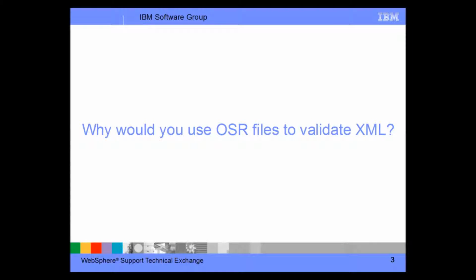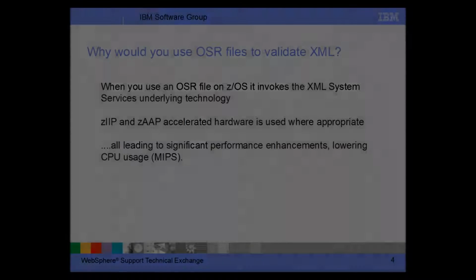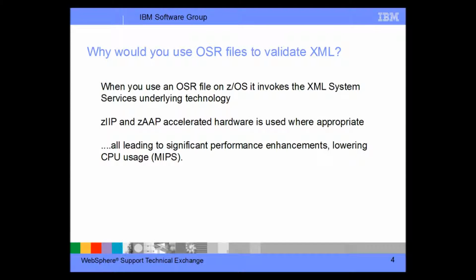Okay, so let's start with the why. You have your XML and you have your XSD schema. Why bother with compiling the XSD into yet another format? Well, when you start to use an OSR file on z/OS, it invokes the XML System Services underlying technology.